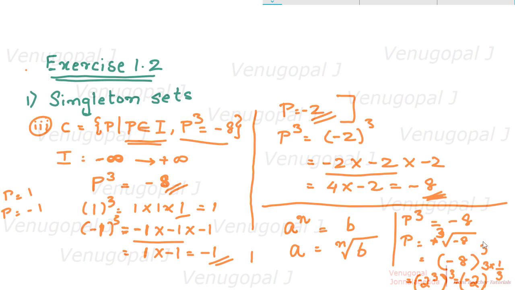Here I have made a mistake, this is actually 1 by 3, so minus 8 raised to 1 by 3. Let me rub this whole thing off and start from the beginning.